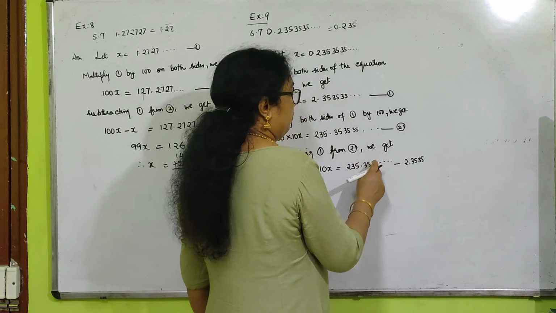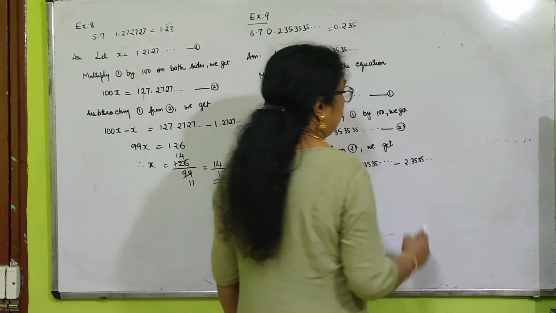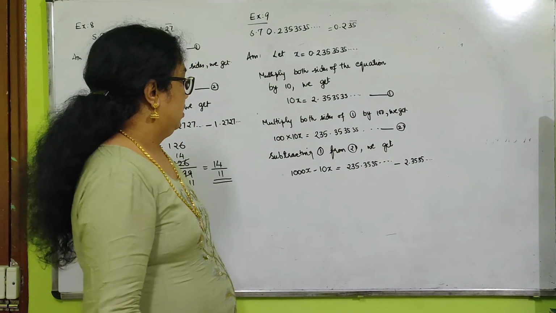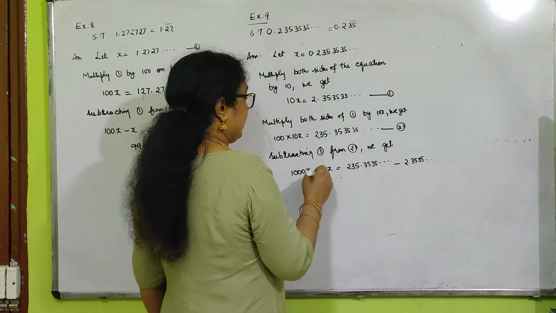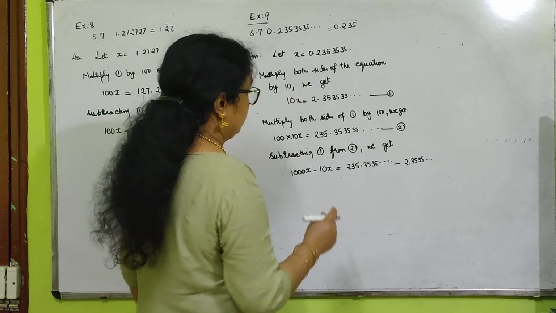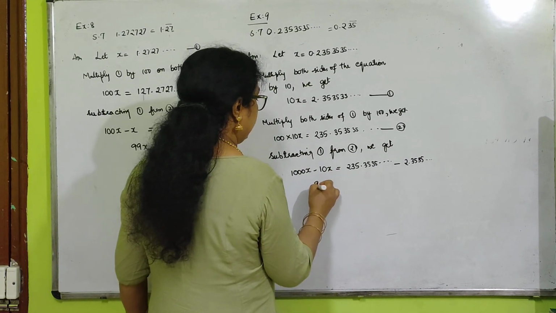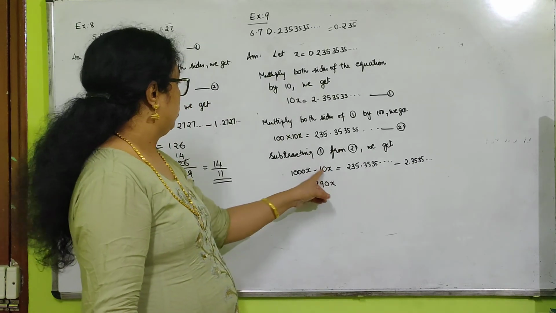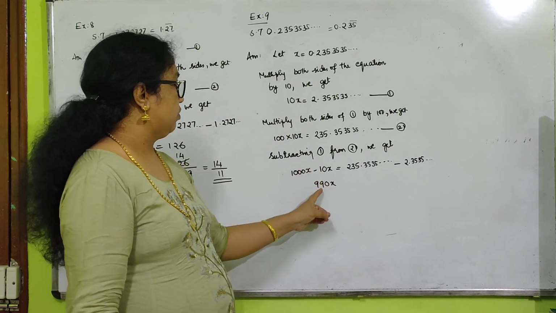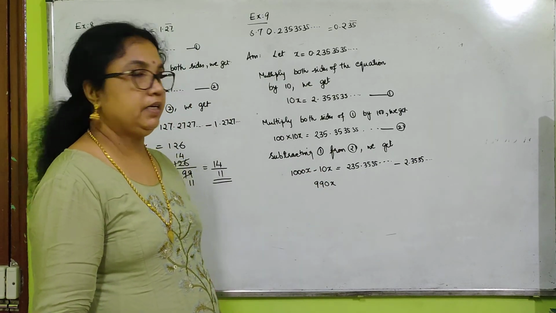I have written only 4, so here also I write only 4. Now 1000 minus 10, how much? 990. So 990x.